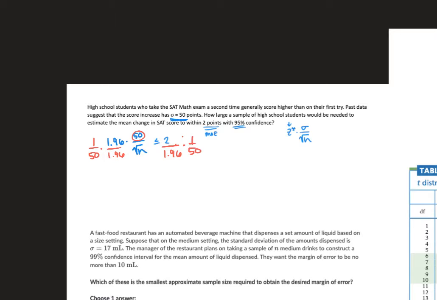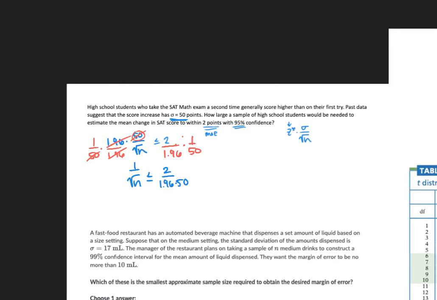So I'm doing that all in one step. So that gets rid of the 50, it gets rid of the 1.96. So we're left with 1 over the square root of n is less than or equal to, and when we multiply across, 2 over 1.96 times 50.